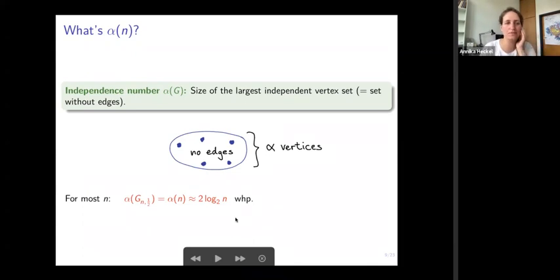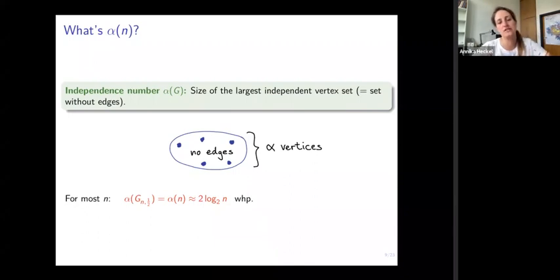Actually in G(n,1/2), the independence number is something very easy because it's been known since the 70s that the independence number of G(n,1/2) is essentially given by a deterministic function, which I'm also going to call alpha. So everything is called alpha, but that's fine because it's basically deterministic in this case.